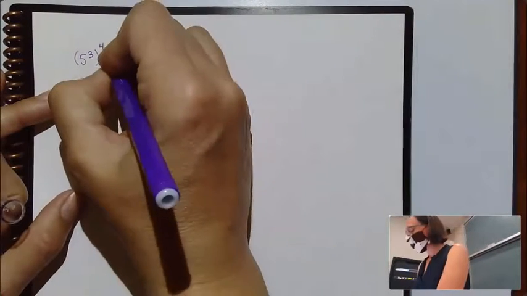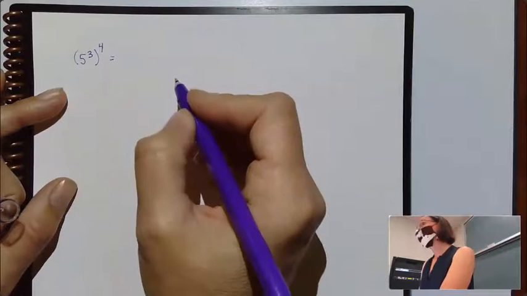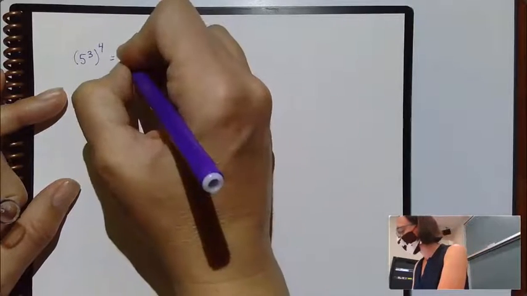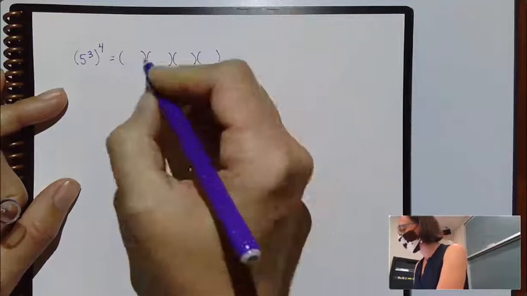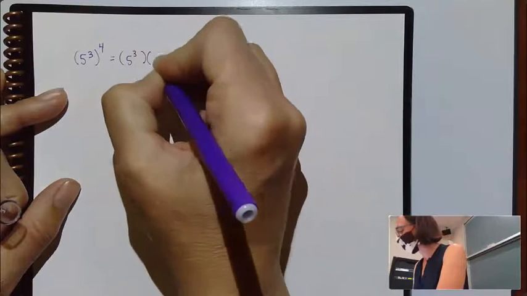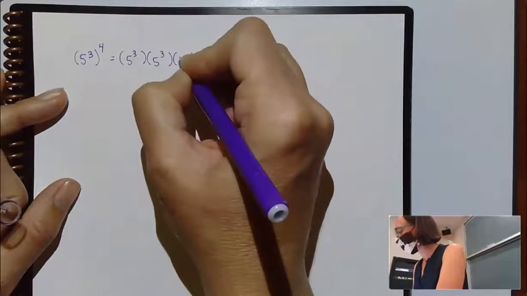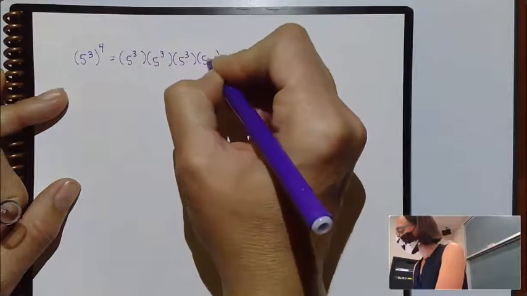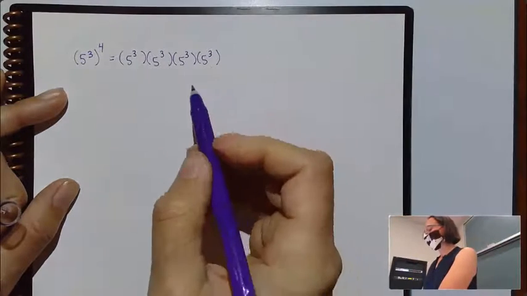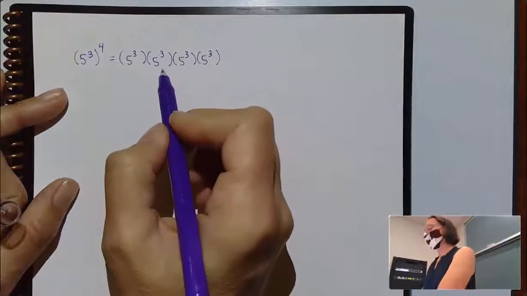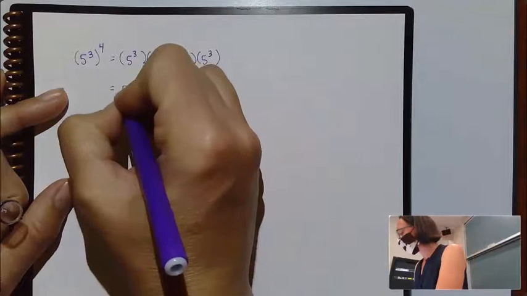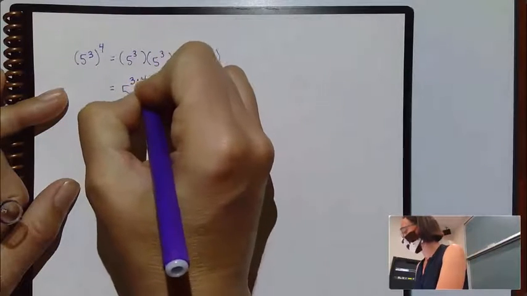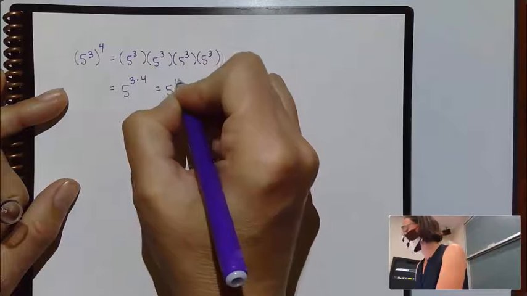This says I have something to the 4th, which means that something would get multiplied by itself 4 times. And the something that I have in there is 5 to the 3rd. So all told, if I wrote all those out, that's 3 5s and another 3 5s and another 3 5s and another 3 5s. That's the same as 5 to the 3 times 4, or 5 to the 12th.